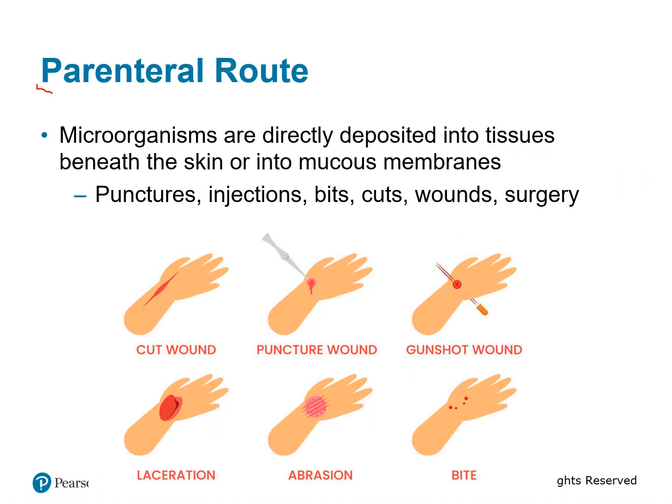All right, so parenteral route. Microorganisms are deposited directly into the tissues when you get a hole poked in there. A cut, a puncture, ooh, I hope you don't get a gunshot, a bite, surgery, or injections. Those are all called parenteral. I think of parenteral as poking through your skin.